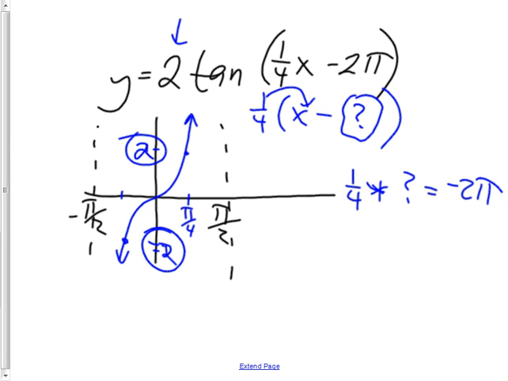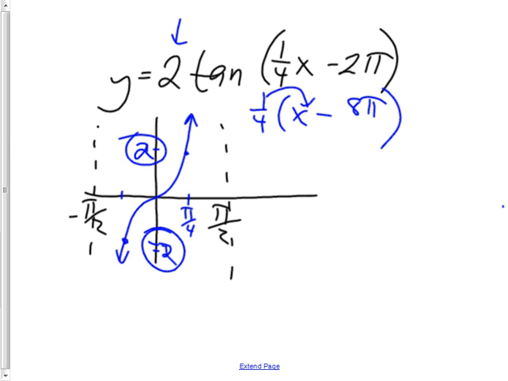So really then, you have to get rid of this 1/4 by timesing by 4 on both sides. And the answer would be -8 pi, but let's be careful if we use a negative or not. I can tell by looking at this negative sitting there that I'm going to need a +8 pi. So I'm going to check that and see if it works. 1/4 times this negative will make it -8 pi. Will make -2 pi. Yay, I did it right. Raise your hand if you had that right.